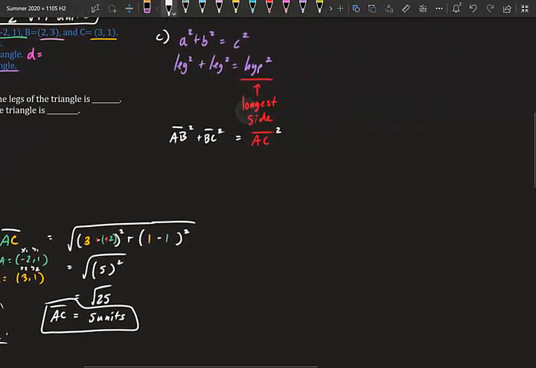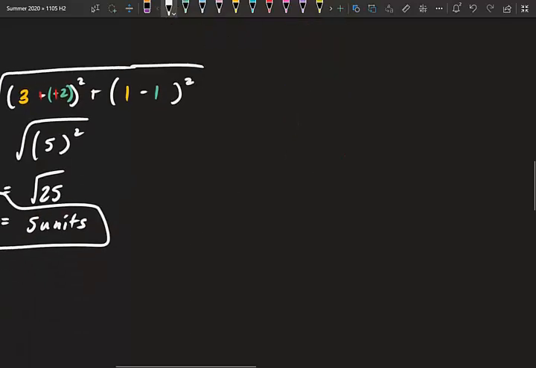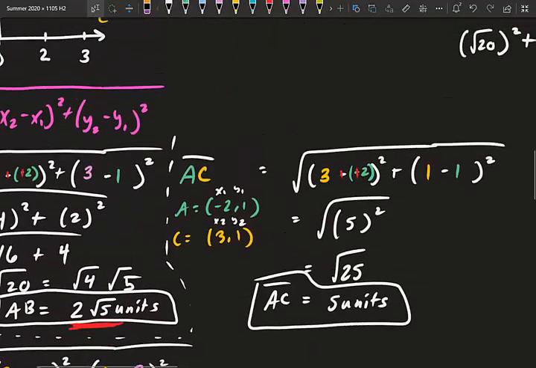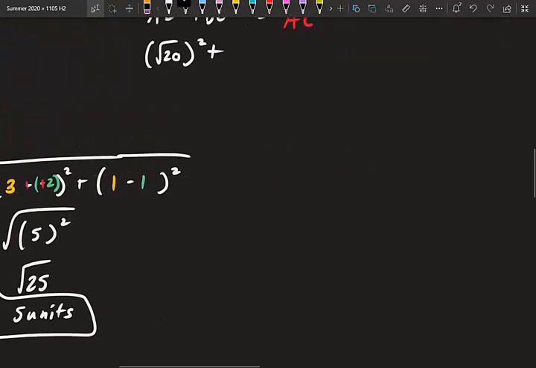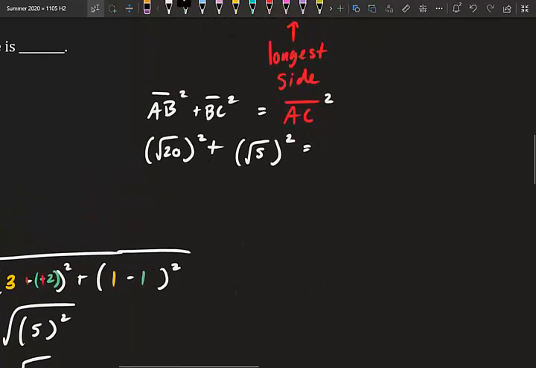So for AB, that's the square root of 20 squared. For BC, that's just the square root of 5. And for AC, before we simplified it, it was square root of 25.